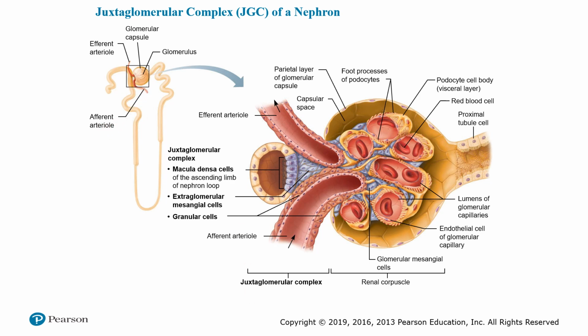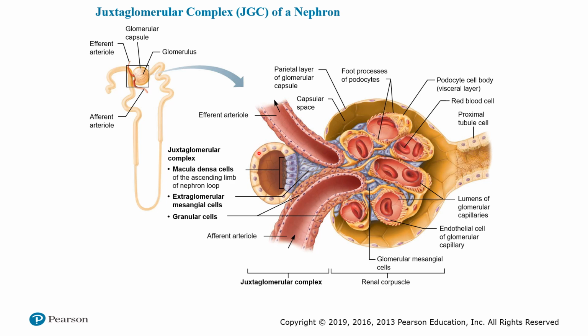So this is the spot where the juxtaglomerular apparatus is going to be formed. And this thick ascending limb will soon convert into distal convoluted tubule. So in some books you might even read where the distal convoluted tubule is. So now this is the thick ascending limb.